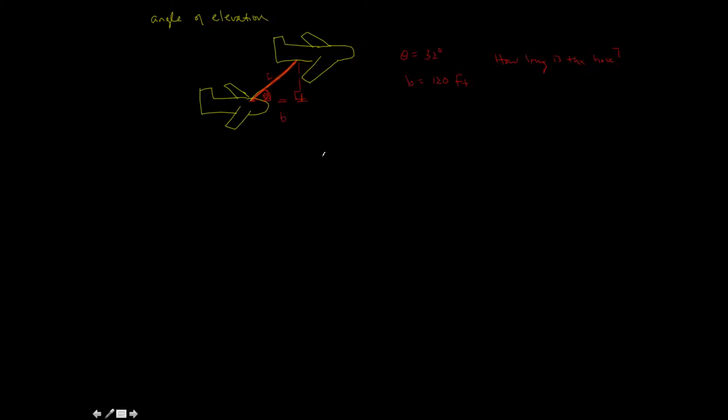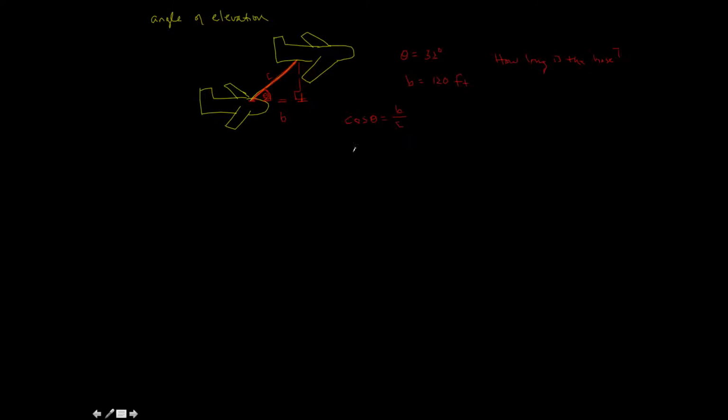So what relates the adjacent side with the hypotenuse? Well, that's going to be your cosine of theta. Now, even though we use the letter B, that's just a variable. A variable is a variable is a variable. So letter B just represents the adjacent side. You have to think of it in terms of opposite and adjacent.